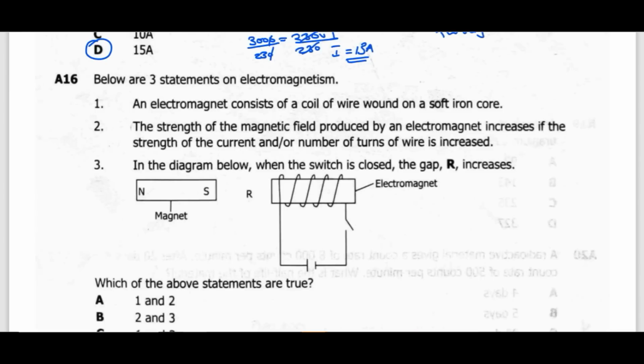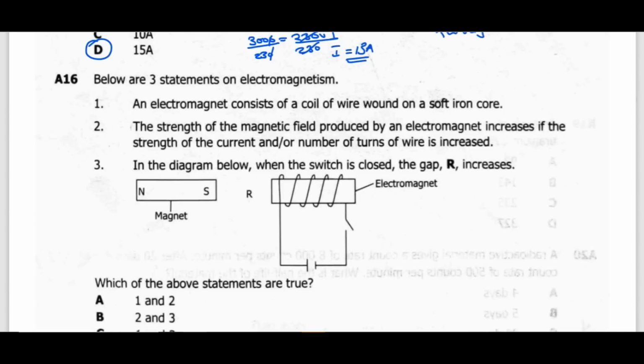Then we move to the other one: the strength of the magnetic field produced by an electromagnet increases if the strength of the current or the number of turns on the wire is increased.